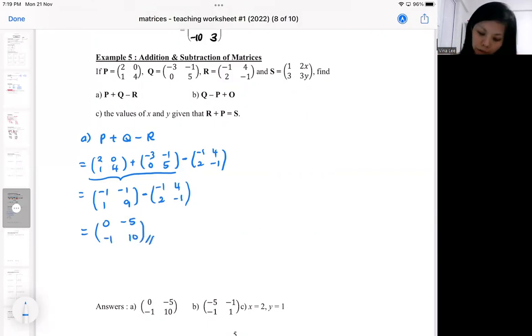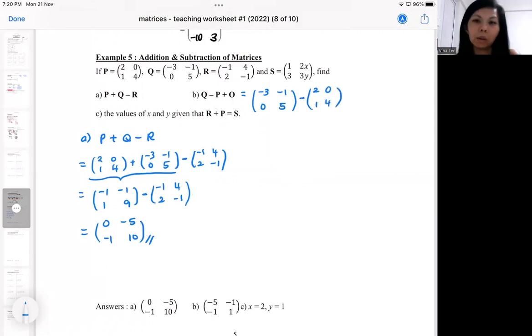Something like this. So for part B, right, there is an O here. So in case you're wondering what is the O, so that is the zero matrix that we were talking about. Okay, of course, one of the possible mistake will be sometimes you copy the wrong matrix. So this one, you're adding a zero matrix. So essentially, it doesn't affect much of the answer.